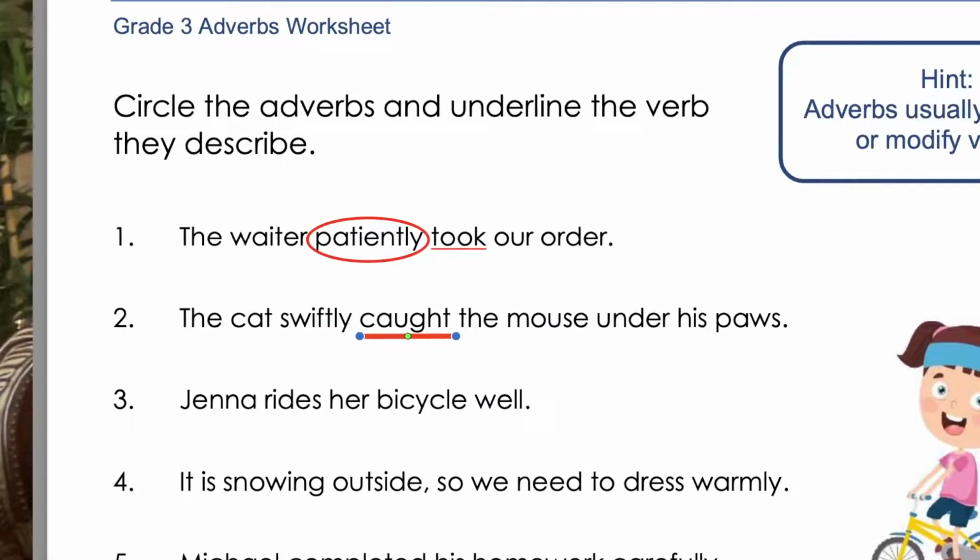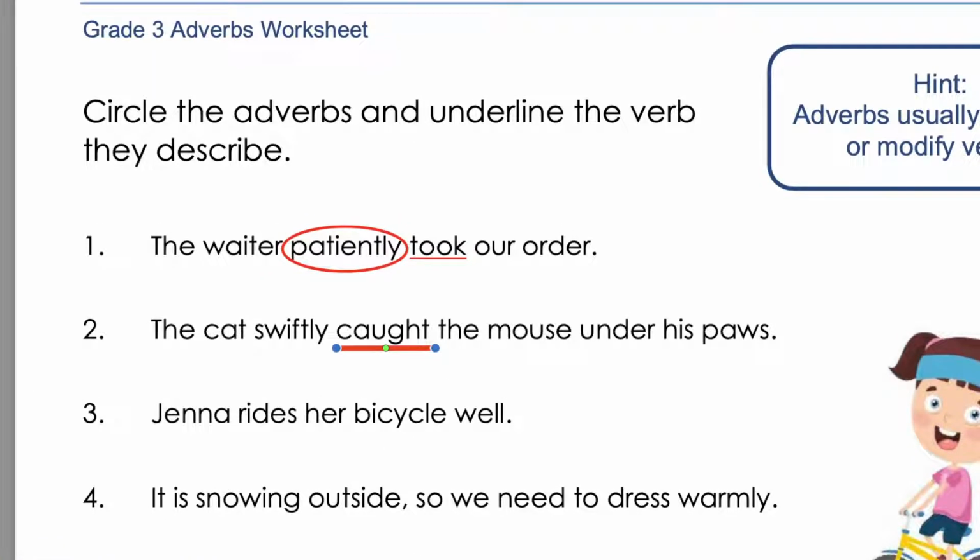But what we're supposed to be doing is identifying the word that describes the verb caught. How did the cat catch the mouse? The cat caught the mouse swiftly. Very good. The cat caught the mouse swiftly.